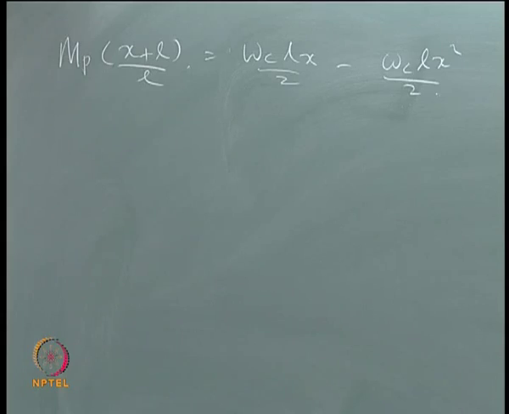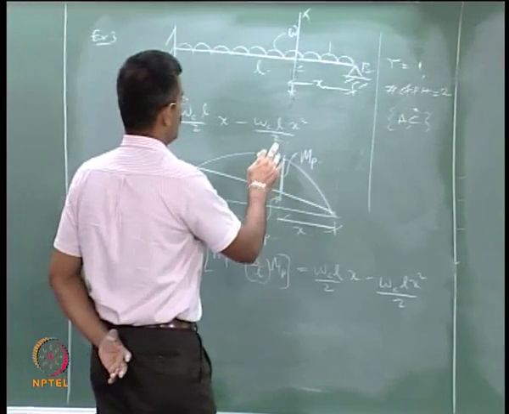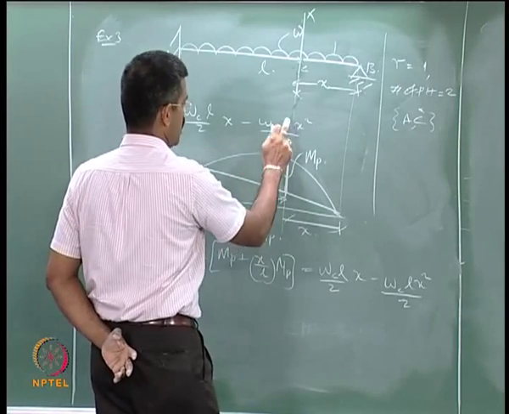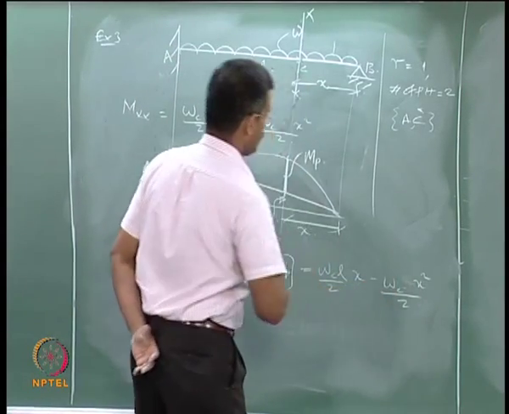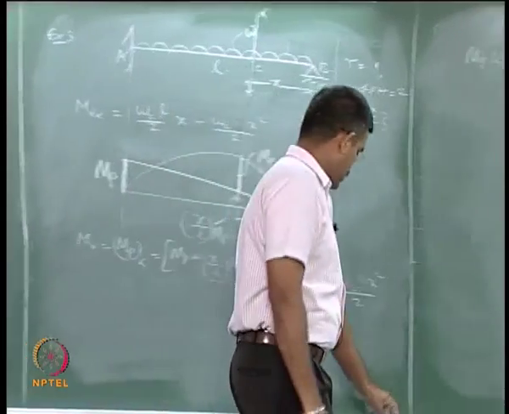There is no L here, please, it is WC x square by 2 only.